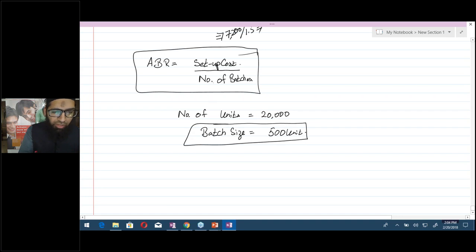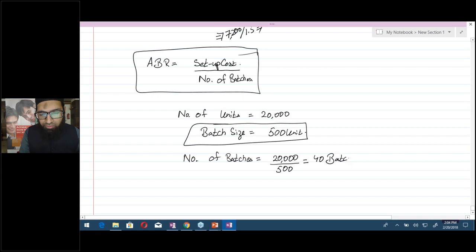As a cost driver, I require the number of batches. So remember that in such a situation the number of batches can be found by the number of units, 20,000, divided by 500, which is the batch size. So it will be how much? 40. My answer will be 40 batches.